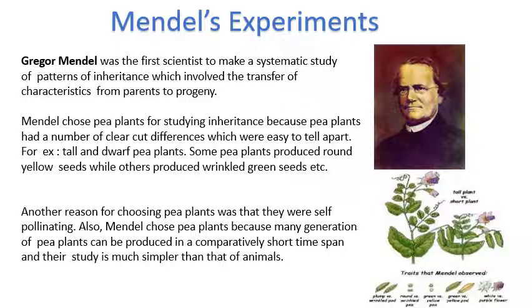For example, tall and dwarf pea plants. Some pea plants produced round yellow seeds while others produced wrinkled green seeds, etc. Another reason for choosing pea plants was that they were self-pollinating. Also, many generations of pea plants can be produced in a comparatively short time span, and their study is much simpler than that on animals.